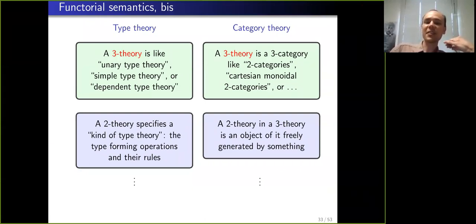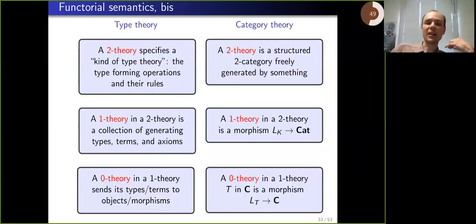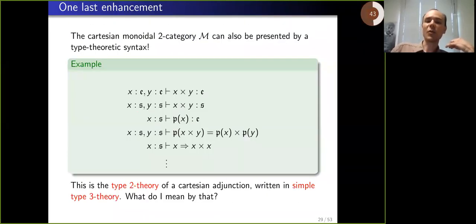And each three theory allows us to describe different two theories. So unary type theory and simple type theory and dependent type theory, each of those is what I call a three theory. And then inside of a three theory, like simple type theory, we can describe different two theories. And that's what we were doing before, the syntactic structure back here, where we used to present a particular two category, which describes the type operations like Cartesian products or function types or these modal operations.